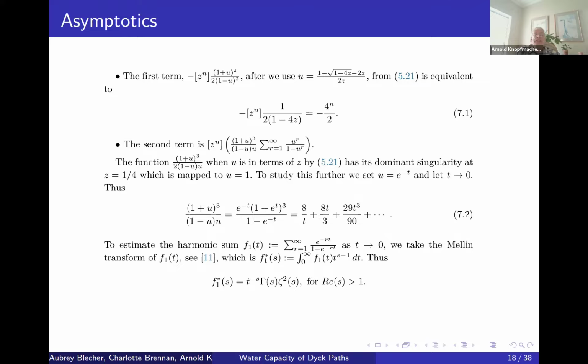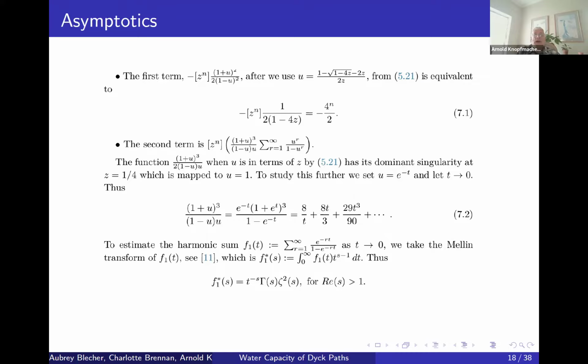And what results is going to be a function of the new variable s. So in this particular example, we end up with a function in terms of the s variable, which actually involves some well-known and very famous functions, namely capital gamma of s, that being the gamma function, and zeta squared of s, where zeta is the Riemann zeta function.